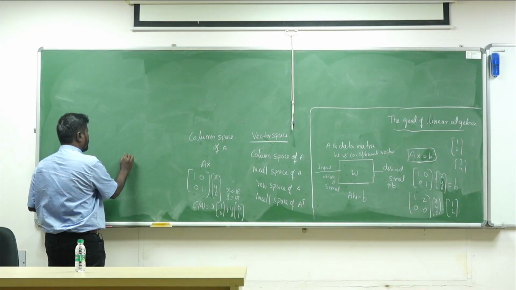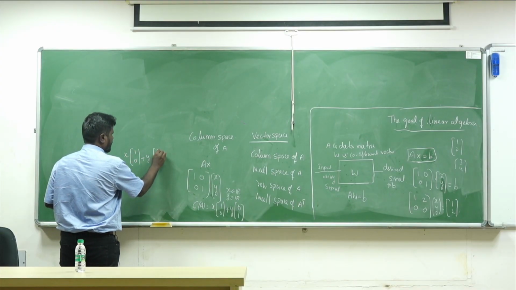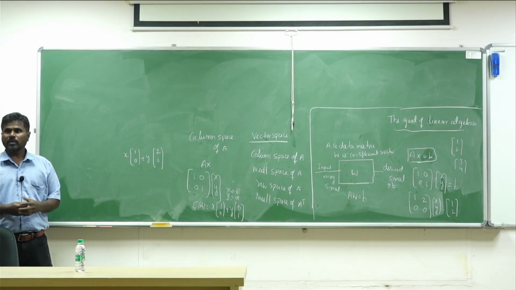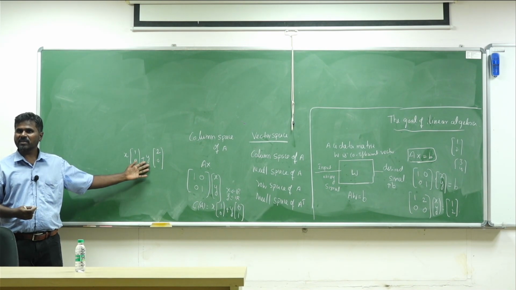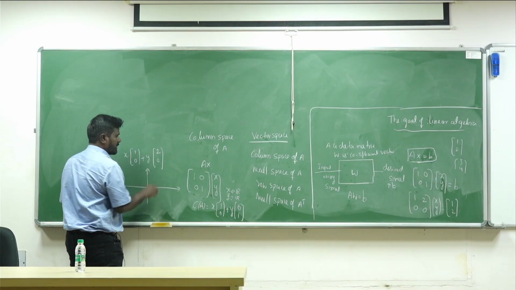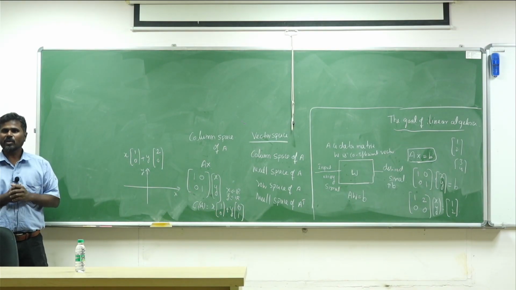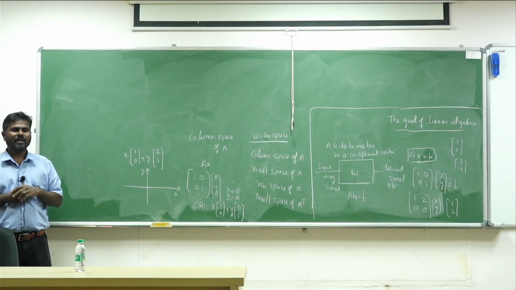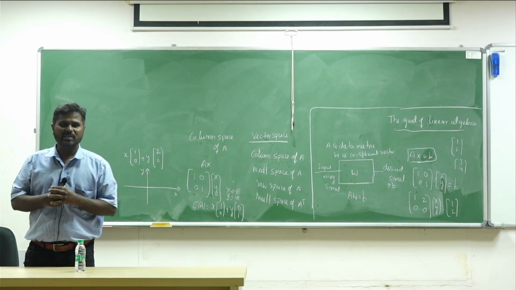You take the linear combination and check what is the column space. In R2, what is that column space? It's not R2, it is something else. What is that?